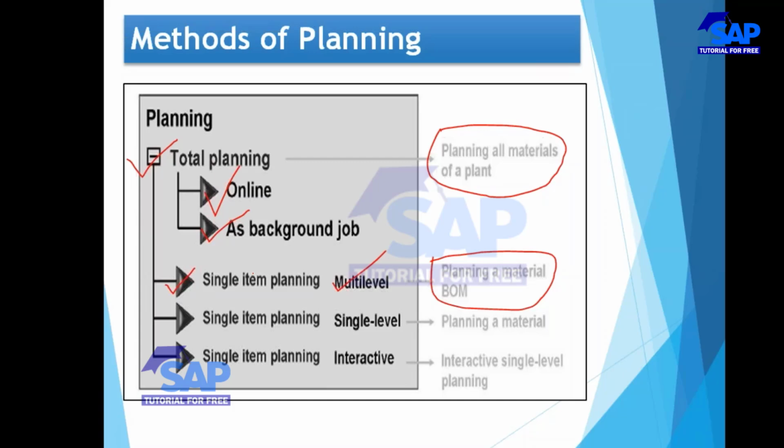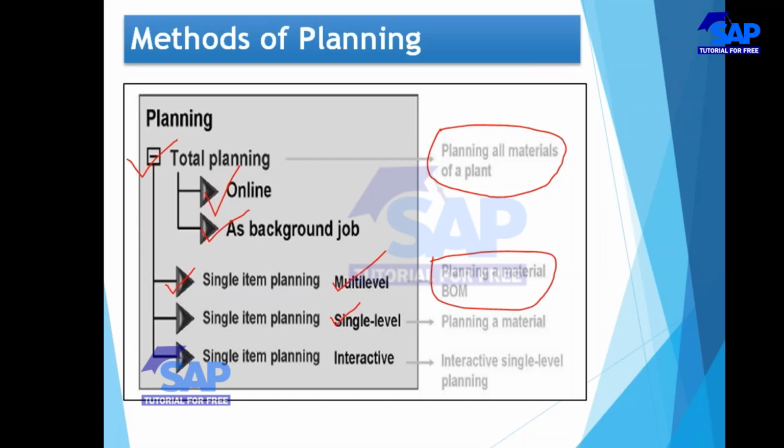Even though it is called single item planning, you can execute the MRP for all the down level materials of that single item. Here the item means material. The other one is single item planning, single level. That means only one level will be planned, and the entire BOM structure will not get planned.